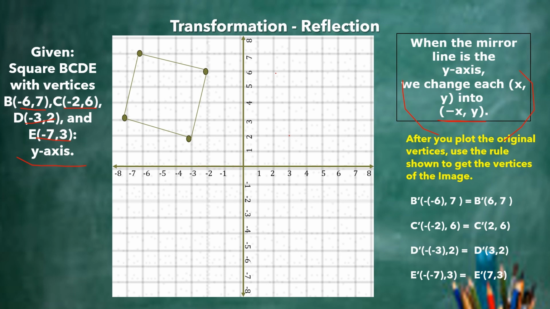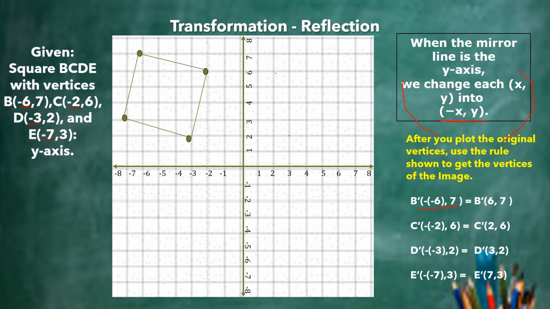So to find our coordinates or vertices for the image that we will develop, we have to take the negative of whatever our x is. Our x values over here just happen to all be negative: -6, -2, -3, and -7.